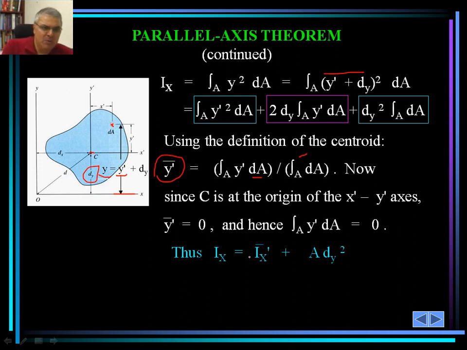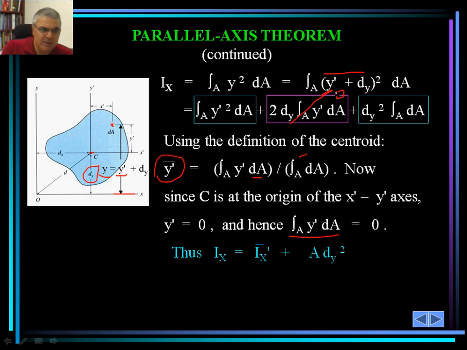And again, we do a substitution here. One of them is going to drop out to 0, so we're going to end up with A d squared. If y prime bar is 0, then the integral of y prime dA would be 0, right? So if this is 0, then this term drops out to 0.